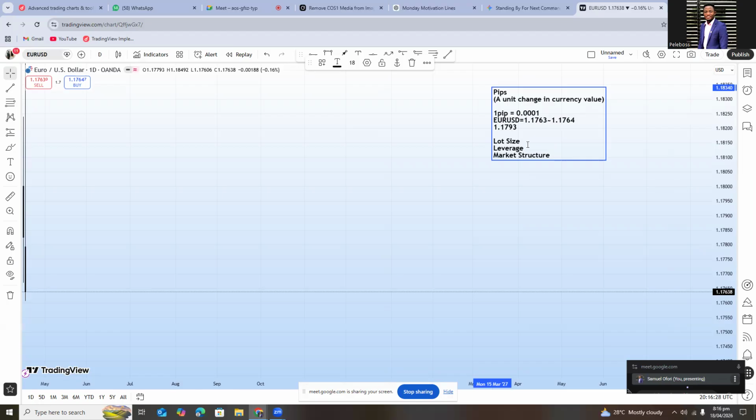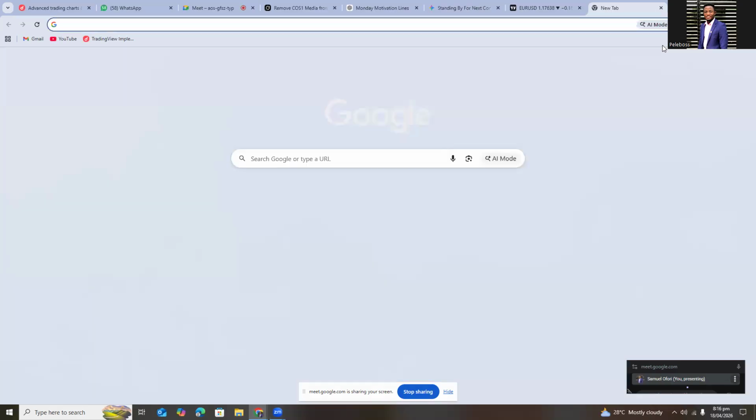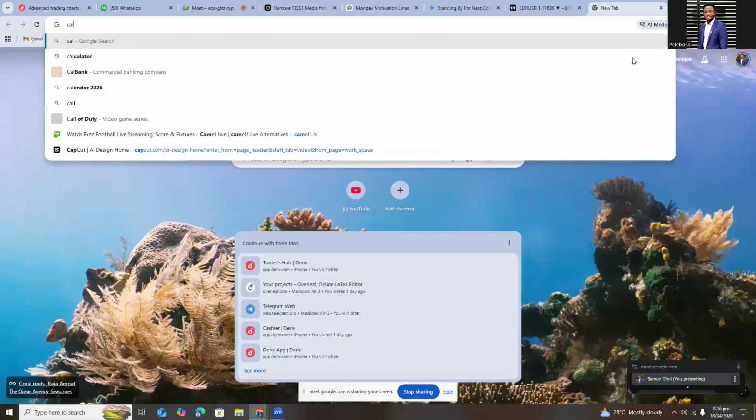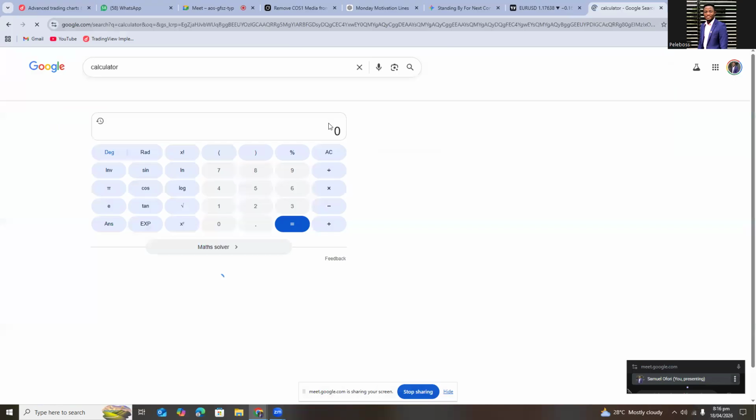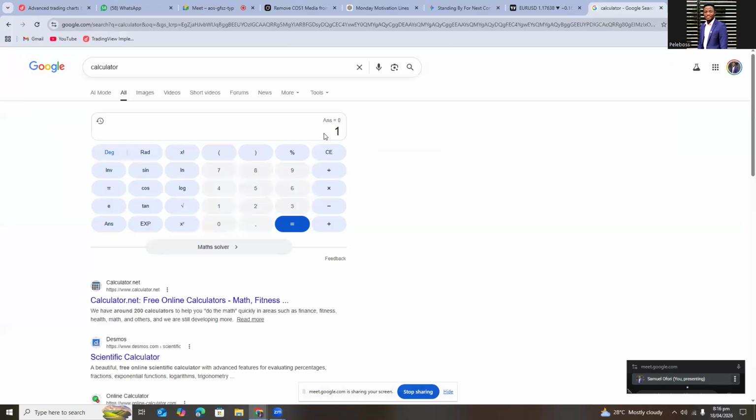So basically, if the value changes from where it is now, 1.1763, to something like 1.1793, then if you want to note the difference, what are we going to do? I want us to do it together. So I'm going to use a calculator. We say it's 1.1793 minus 1.1763. That gives us 0.030.